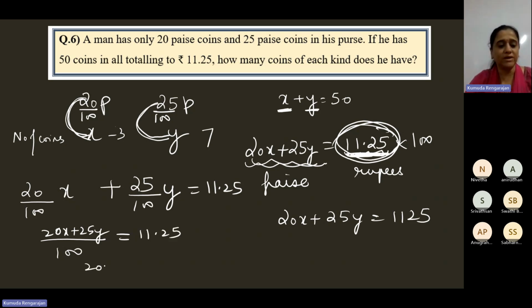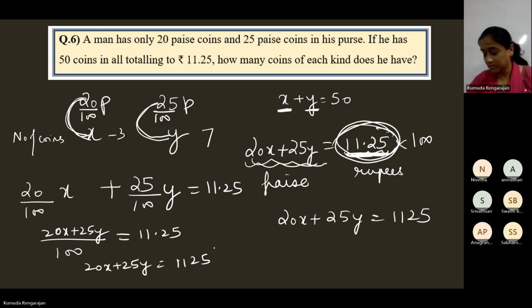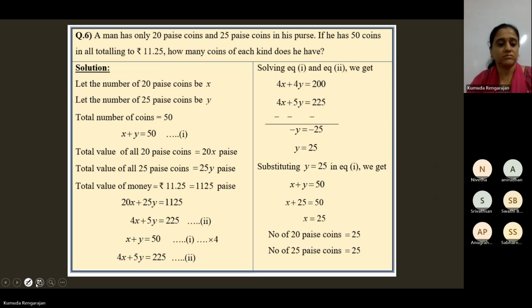So when you cross multiply, 20x plus 25y is equal to 1125. Same thing you will get. Correct? Okay. The rest you can take care of.